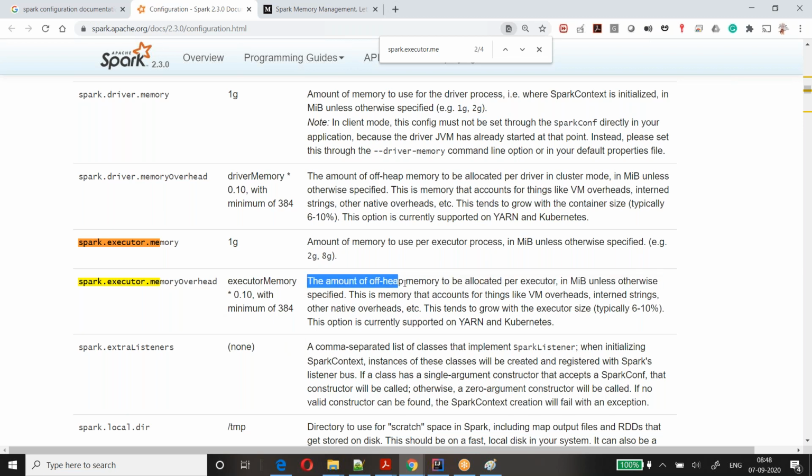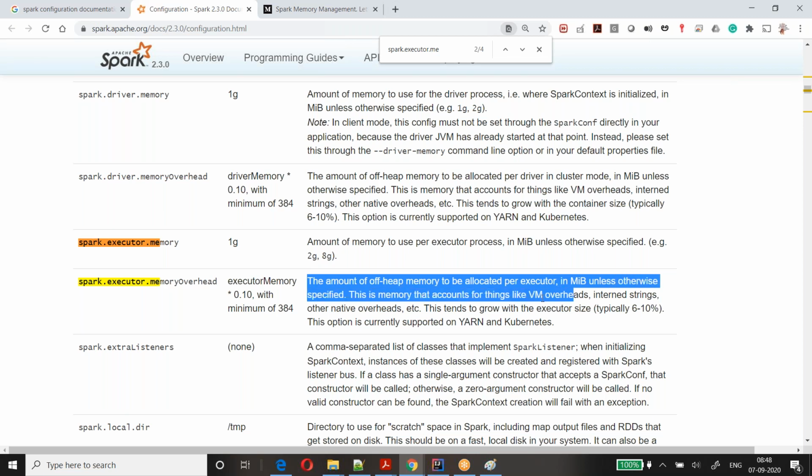The amount of off-heap memory to be allocated per executor in MB unless otherwise specified. So by default, it will be considered. If you want, we can also specify it explicitly by passing this parameter.